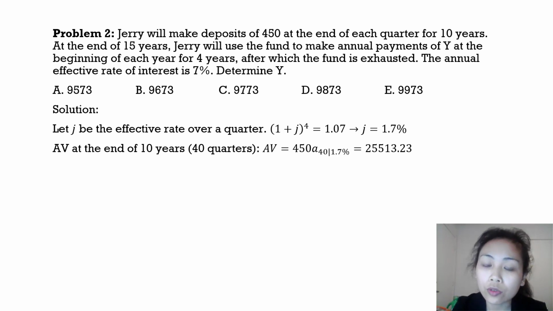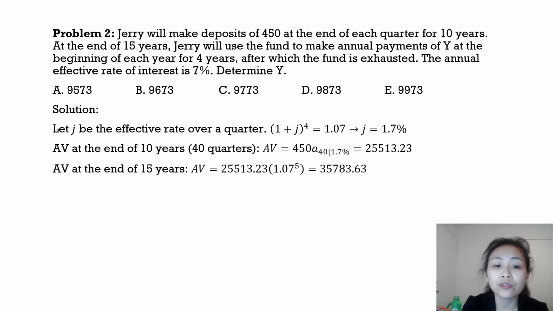And now we are going to use this to find the accumulated value at the end of 15 years. So basically we should move it up 5 years, right? So the accumulated value at the end of 15 years is the accumulated value at the end of 10 years times 1.7 to the 5th, because we move it forward. So this is the accumulated value at the end of 15 years.